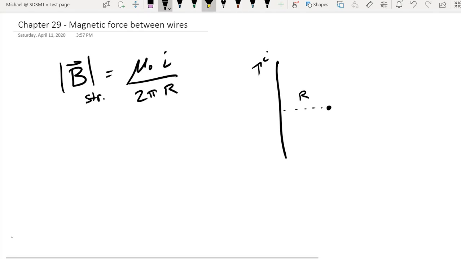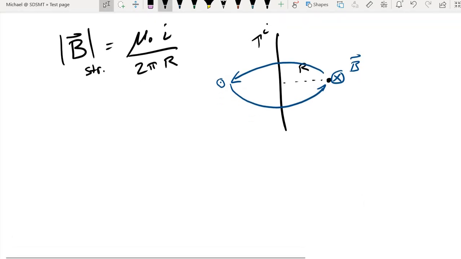And our magnetic field would then orbit around the wire, going into and out of the board at the two different sides. So our x with the circle indicates a vector going into the board. Our dot with the circle indicates a vector coming out of the board. And so our magnetic field is orbiting around that wire.